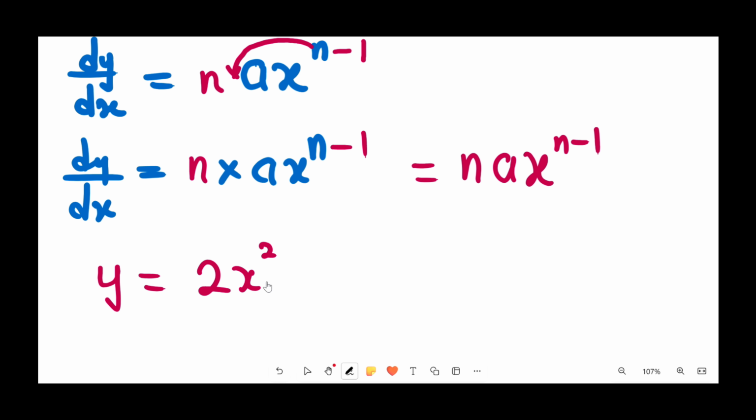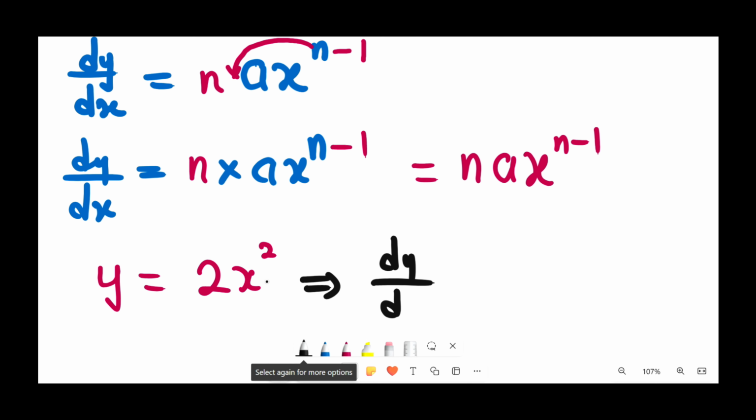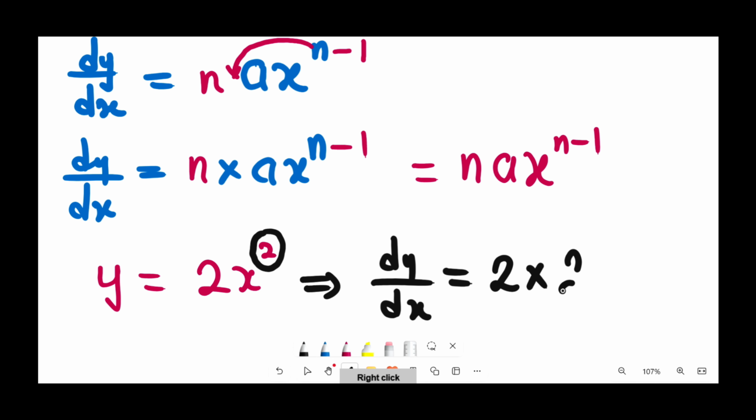So this becomes dy dx will be equal to, then you have to identify the power. The power here is positive 2. So it's going to be 2 times the term in the function, so it's going to be 2 times 2x.